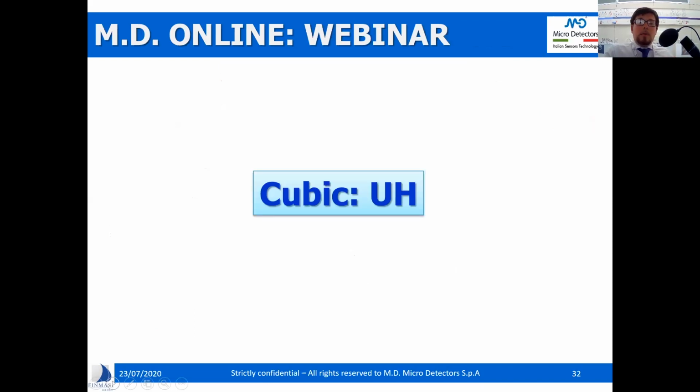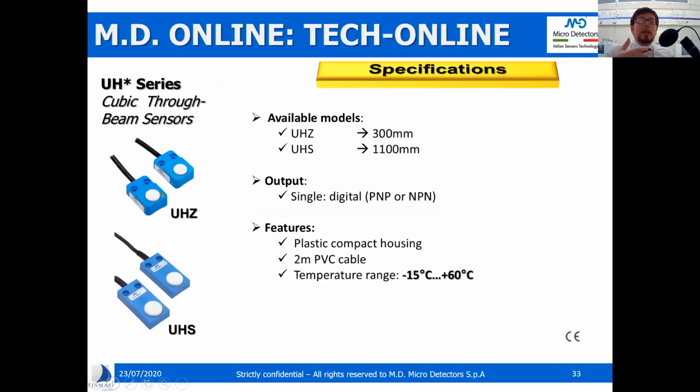Let's move on now to the cubic series, UH. In particular, these sensors work with the through beam technique, so they are not direct diffuse models, they are not retroreflective, they work as a barrier.